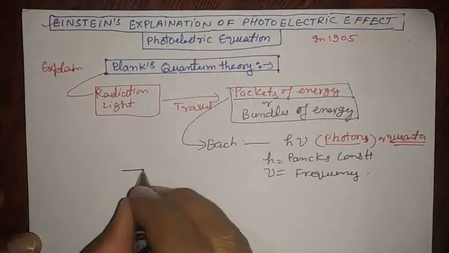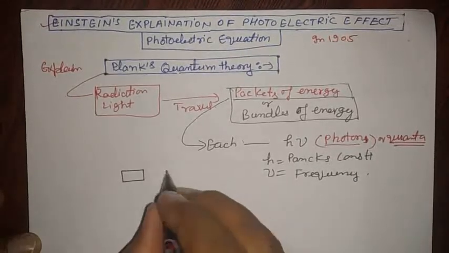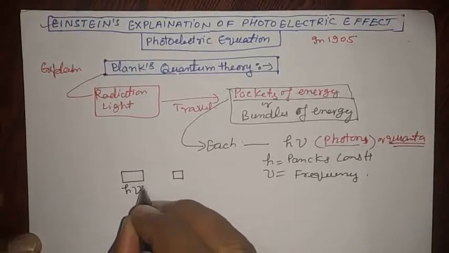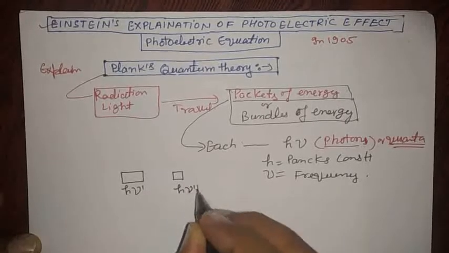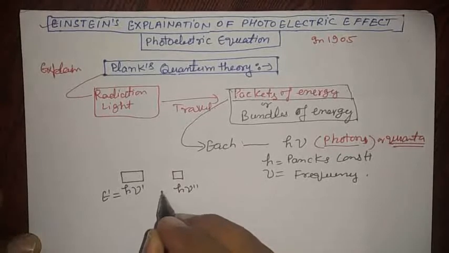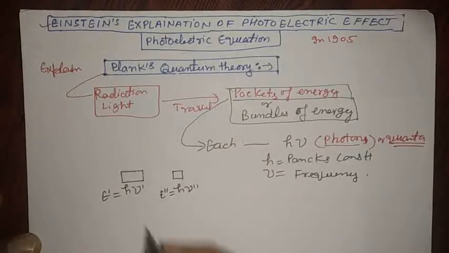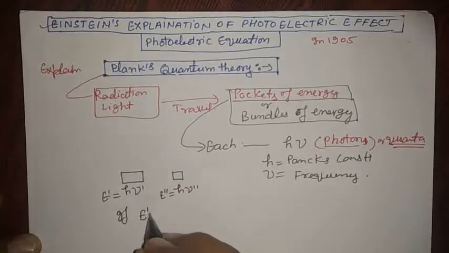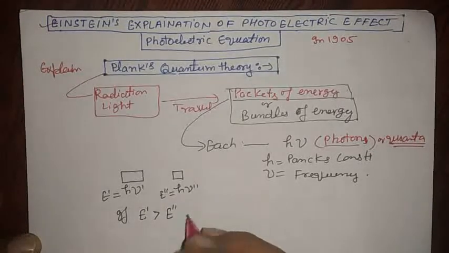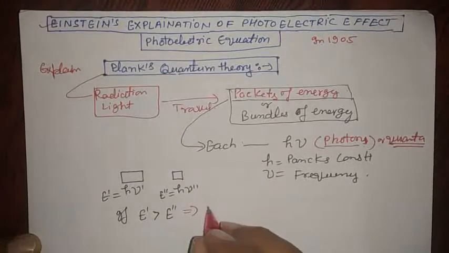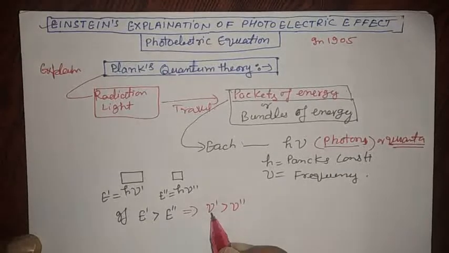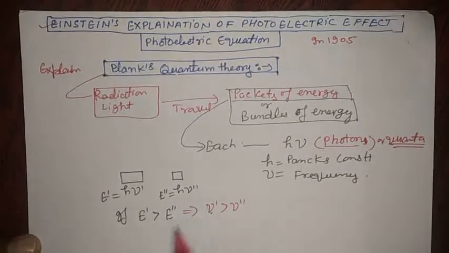When we compare two quanta, let one have energy h nu dash and another h nu double dash. If E dash is greater than E double dash, this implies that nu dash is greater than nu double dash, meaning higher frequency, higher energy.